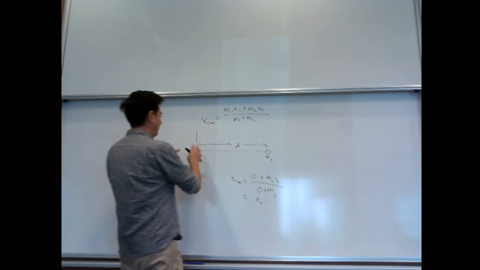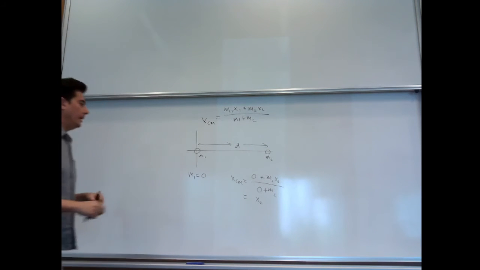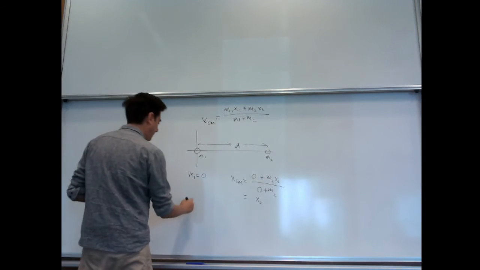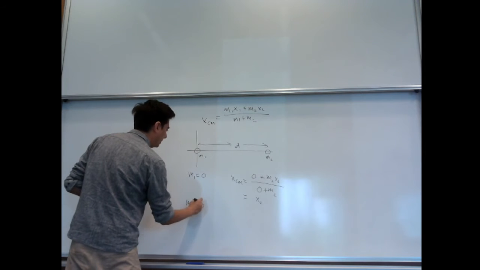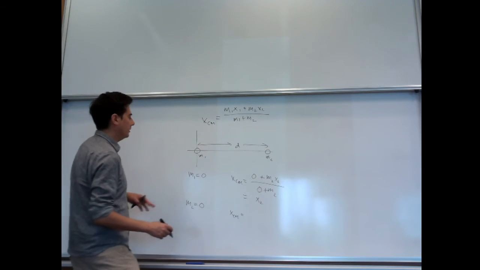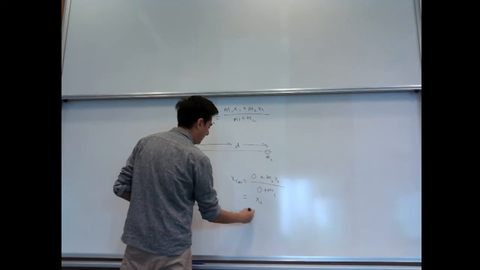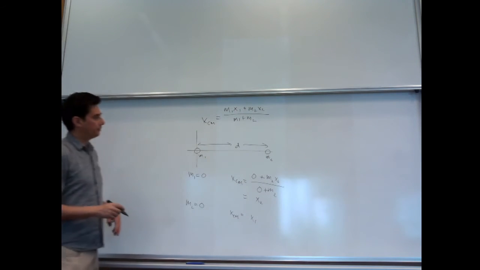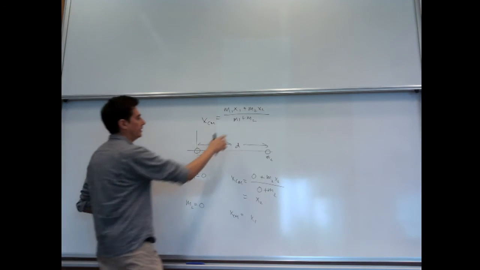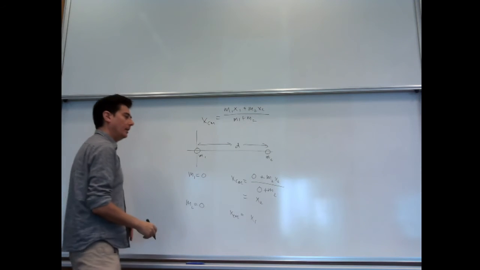So if this mass is 0, then the center of mass is going to be here. Now for the other way around, I think you can easily see that it's going to be the other position. If m2 is 0, then this is going to give just x1, because that term is 0, it's cancelled.